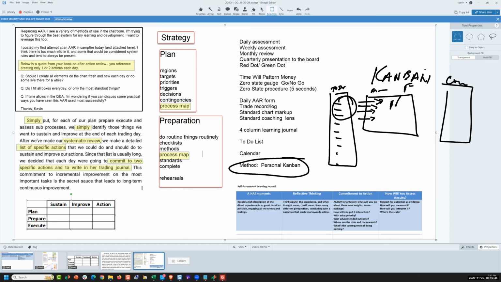Pick the highest priorities, a couple of them at a time, crush them, pick them in the right sequence, so do first things first, but when you get it done, note it, and now you've cleared the deck. So now I can add a new thing off my to-do list.